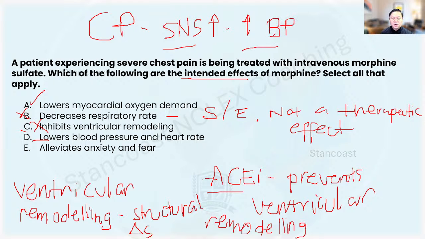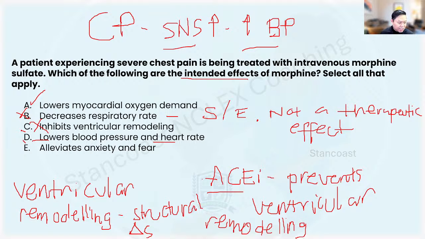It can also lead to more anxiety. And so with letter D, lowers blood pressure and heart rate, it can do that therapeutic effect. We want to make sure that the patient's pain level is addressed in order to decrease the blood pressure. It can also decrease the heart rate. So that is why letter D is one of those answers.